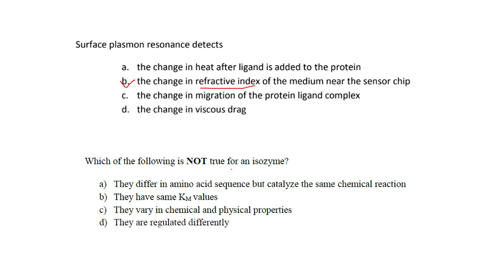They do not have the same Km values. This is also true, and they are regulated differently. Isozymes have different kinetic parameters and they are regulated differently. Yes, that is correct. But saying they only have different Km values is not true.